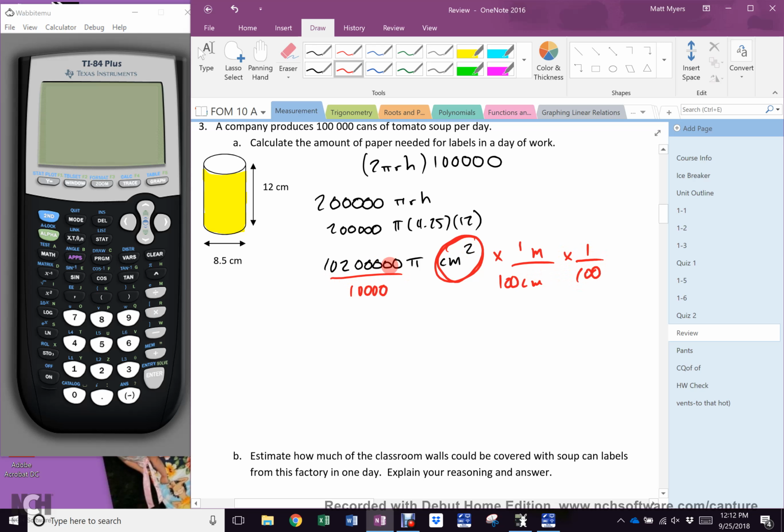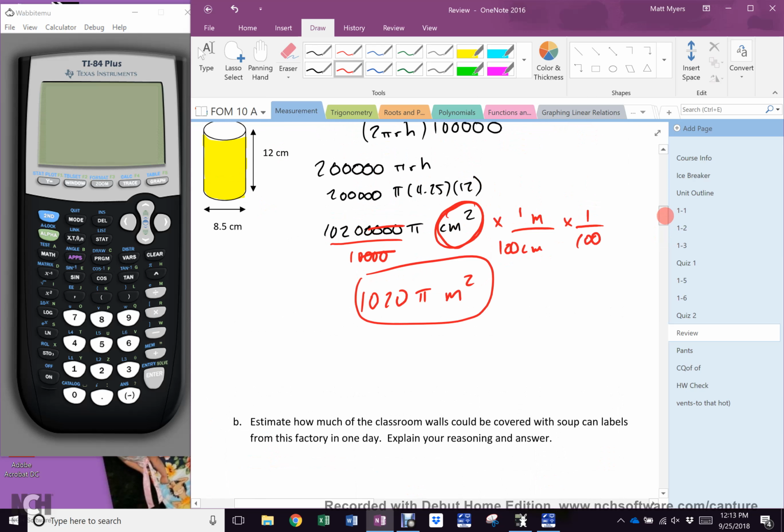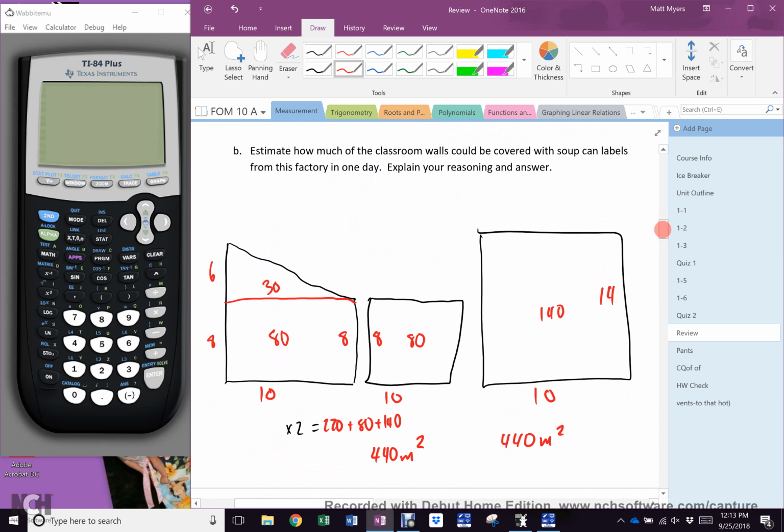Okay. 4 zeros. What do I get to do with 4 zeros up here? Cancel them. Right? So I have 1,020 pi meters squared, don't I? And I have 440 meters squared to cover. What do I do with those two numbers? Divide, right?